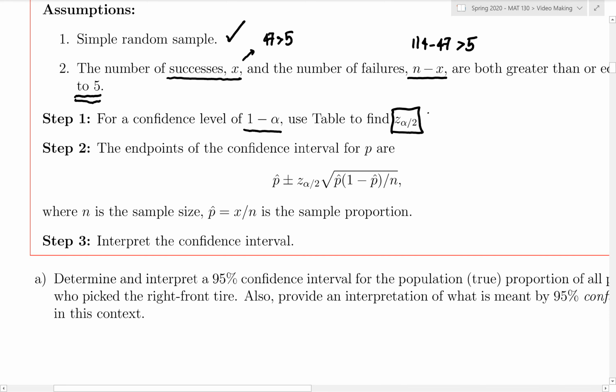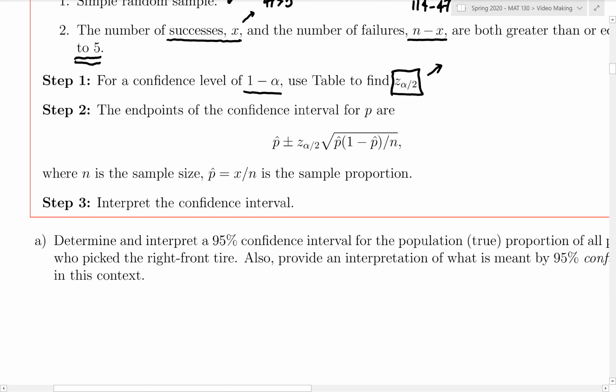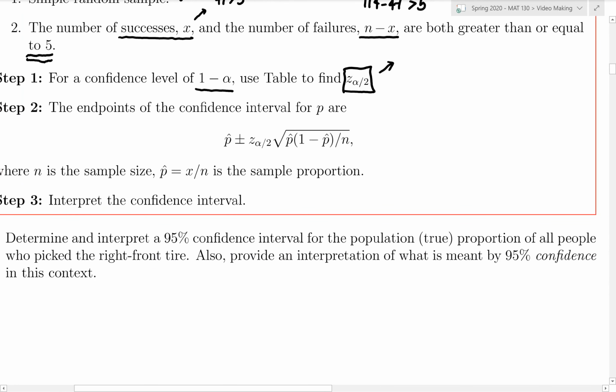Once we find our z alpha over 2, remember the confidence intervals are always roughly of the same form: observed value plus or minus our test statistic, which in this case is z, times the standard error.